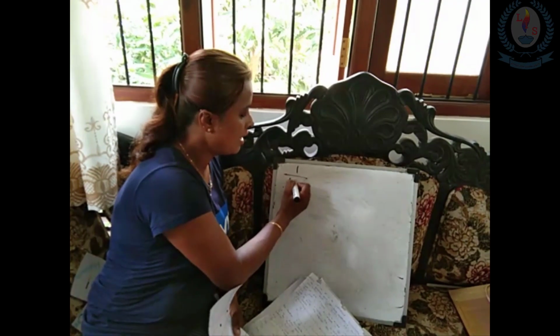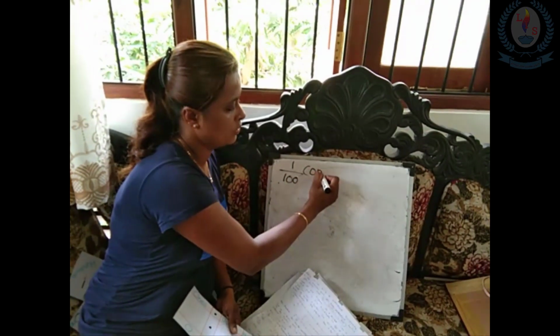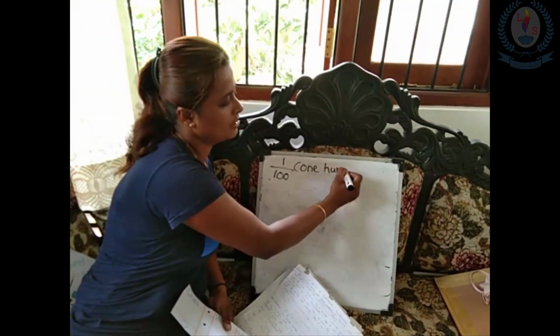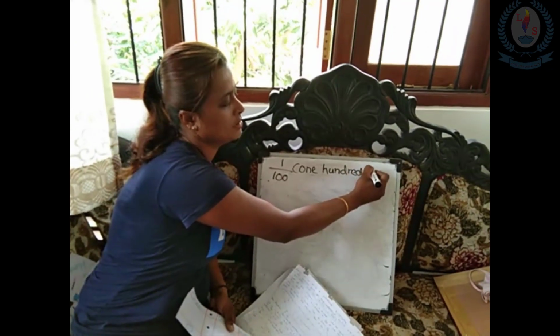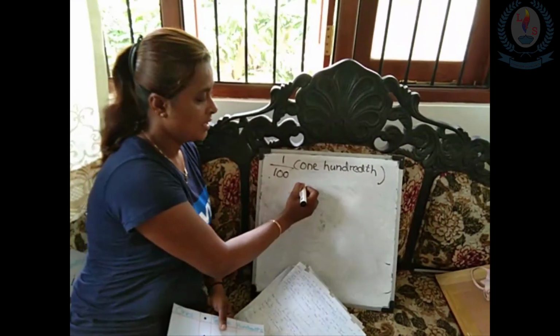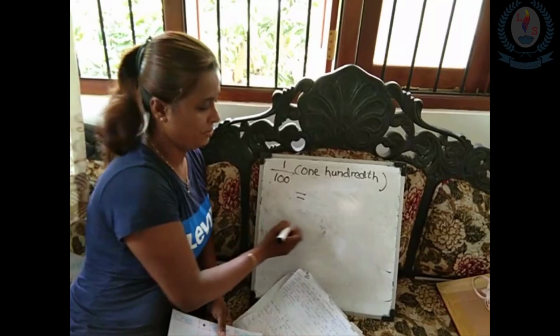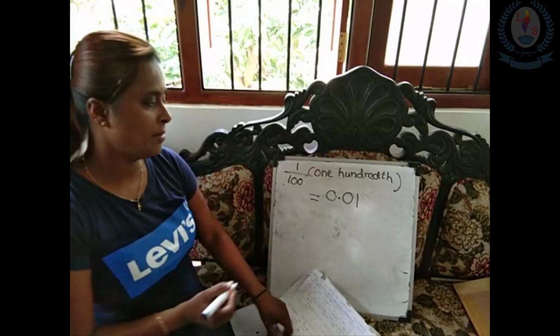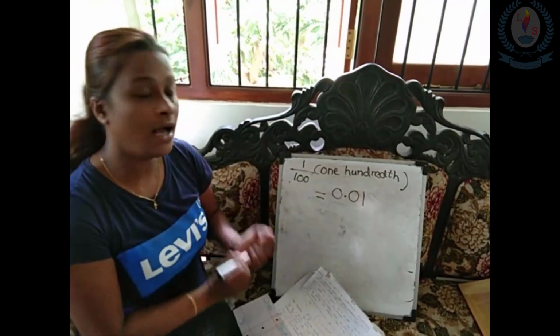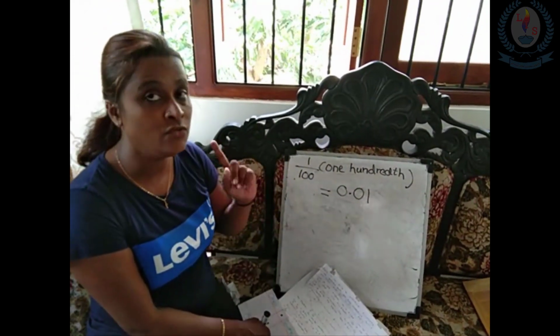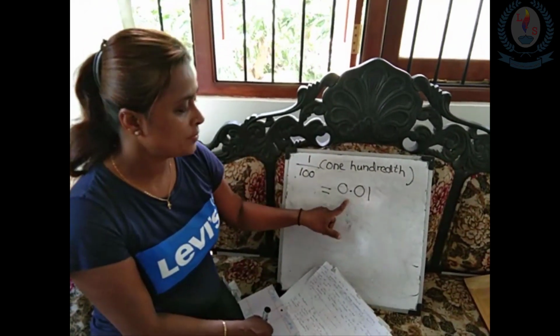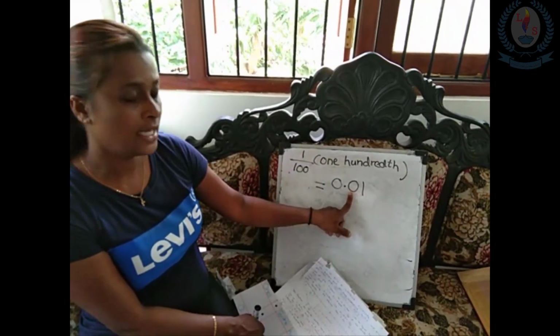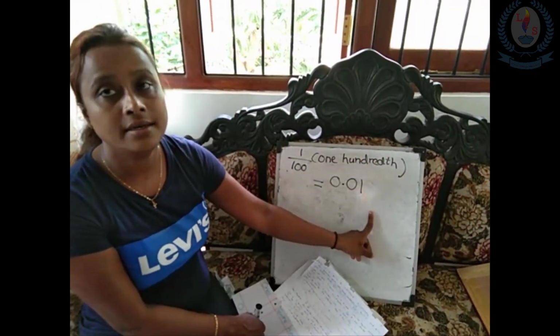Now it's clear that when we write one hundredth in words, in decimal form it is 0.01. Remember, there are 10 hundredths in 1/10. So, ones place, tenths place, hundredths place.